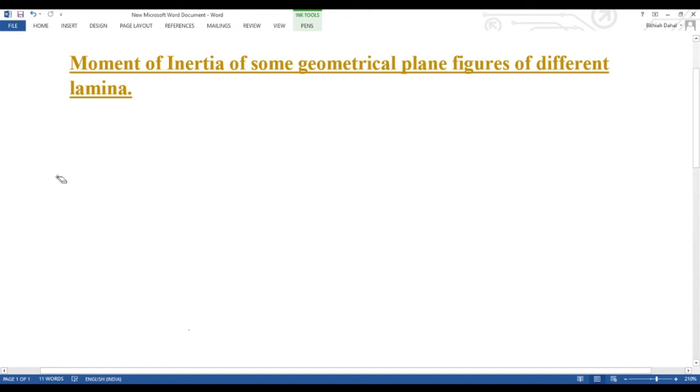Now the third section that we're going to see is number 3, moment of inertia of a triangular section.